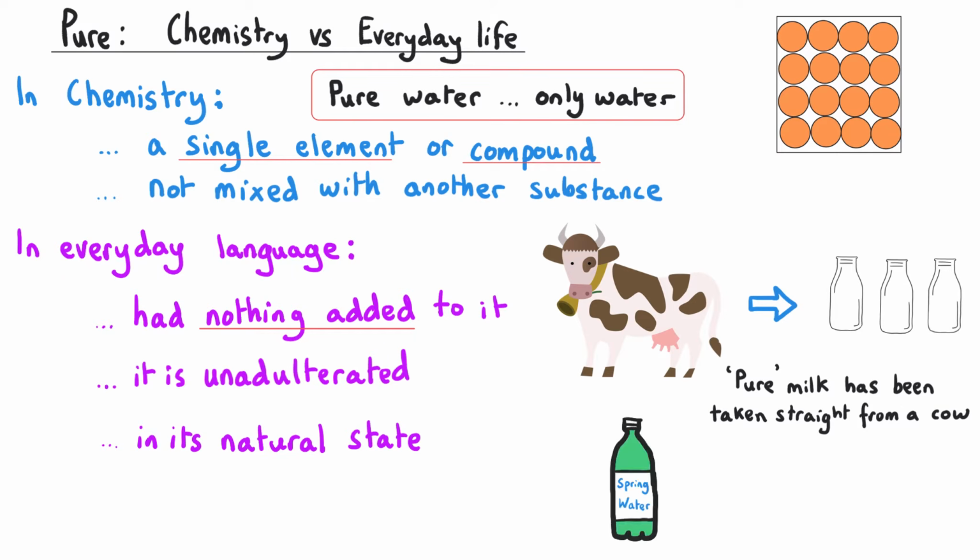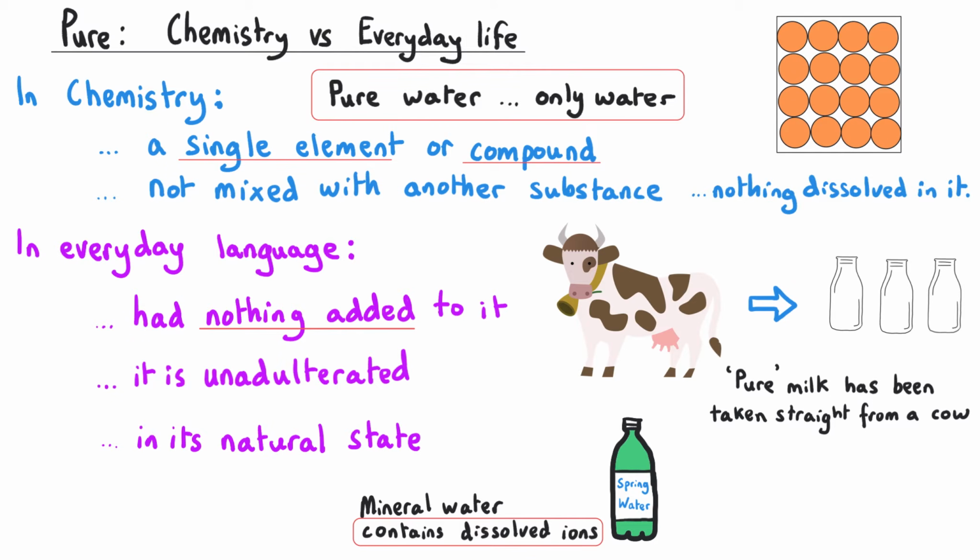Another example, if we return back to water, spring water or mineral water might be marketed as pure water, but it isn't from a chemistry point of view because it has things dissolved in it. It has minerals dissolved in it, for instance, calcium, magnesium, or sodium, whereas pure water has nothing dissolved in it.